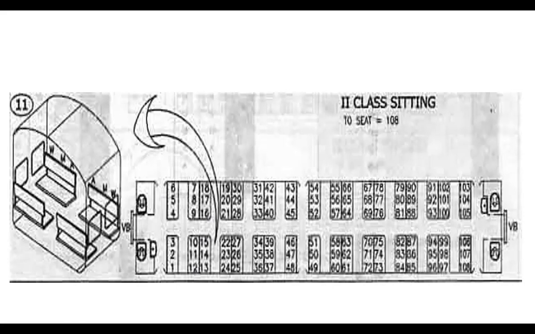And if I get the remainder 2, then I will be adding 9 to get the opposite seat. If I get the remainder 3, then I will be adding 7 to get the opposite seat. If I get the remainder 4, I will be adding 5. If I get the remainder 5, I will be adding 3. If I get the remainder 6, I will be adding 1.